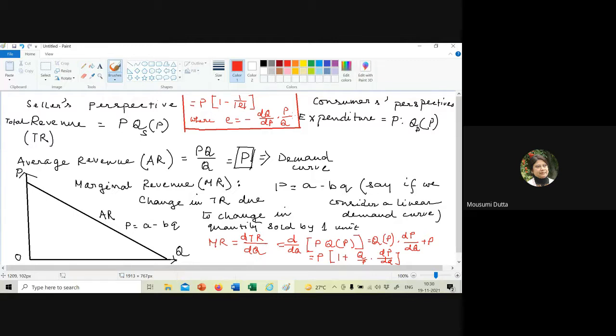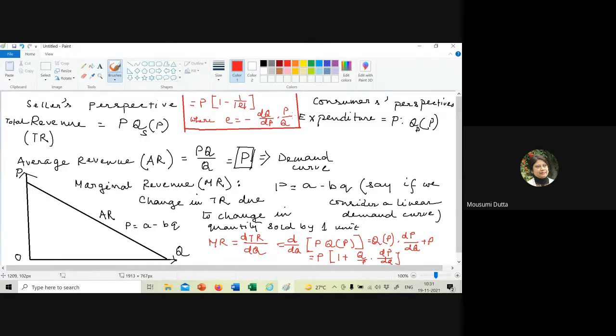For the buyers, elasticity of demand was about what to do if price increases or if price falls. Now for the sellers, if this is the elasticity, how much will I sell?